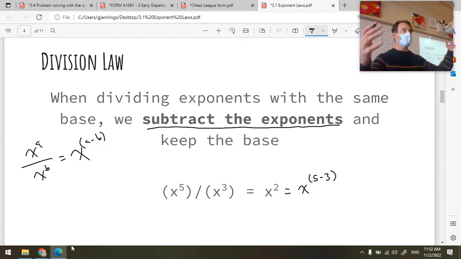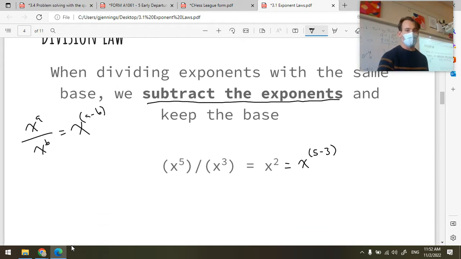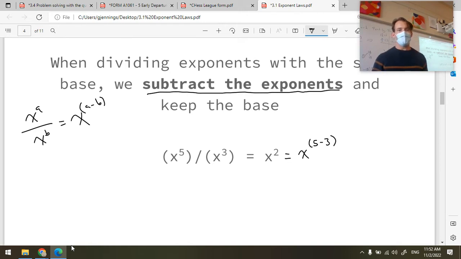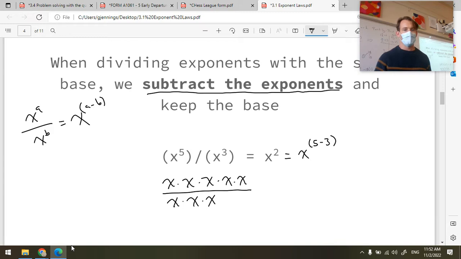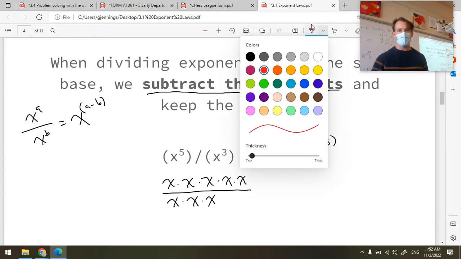Now, let's use multiplication to prove this to ourselves. Take this example, x to the 5 divided by x to the 3, and write it out with multiplication. X times x times x times x times x. That's x to the 5, all divided by x times x times x. That's x to the 3. And then we get to get out our cancel pen.